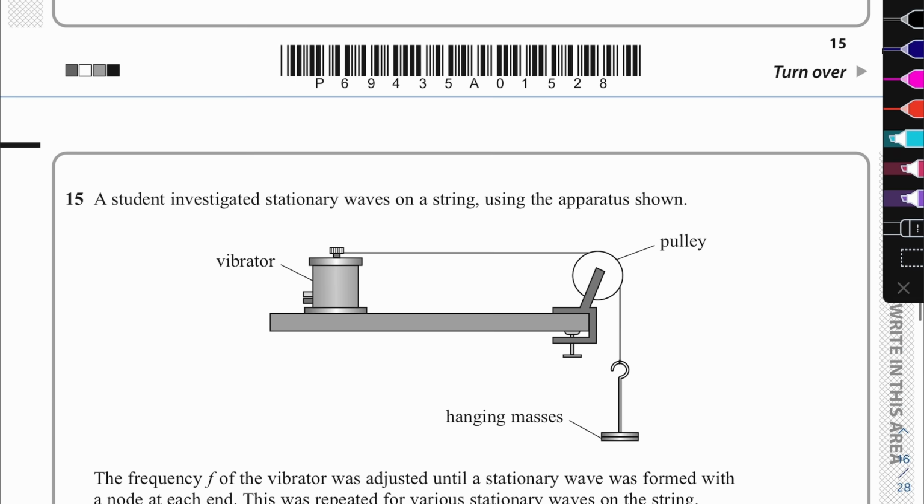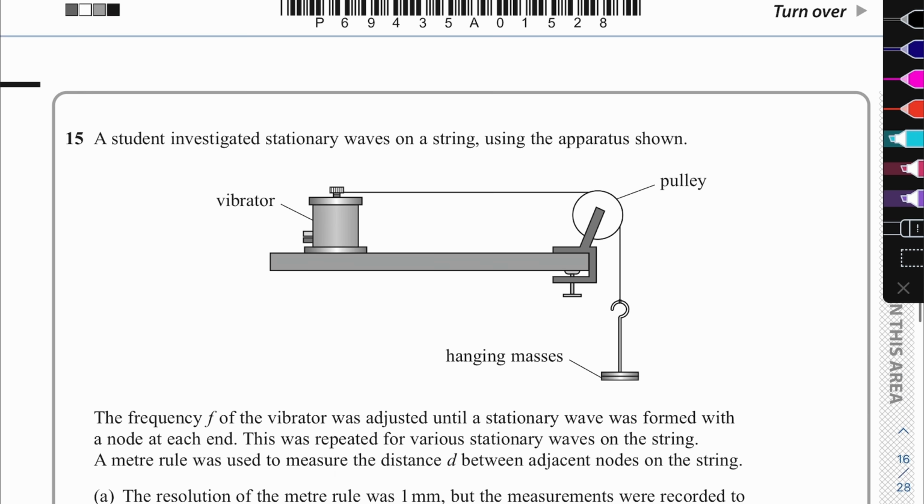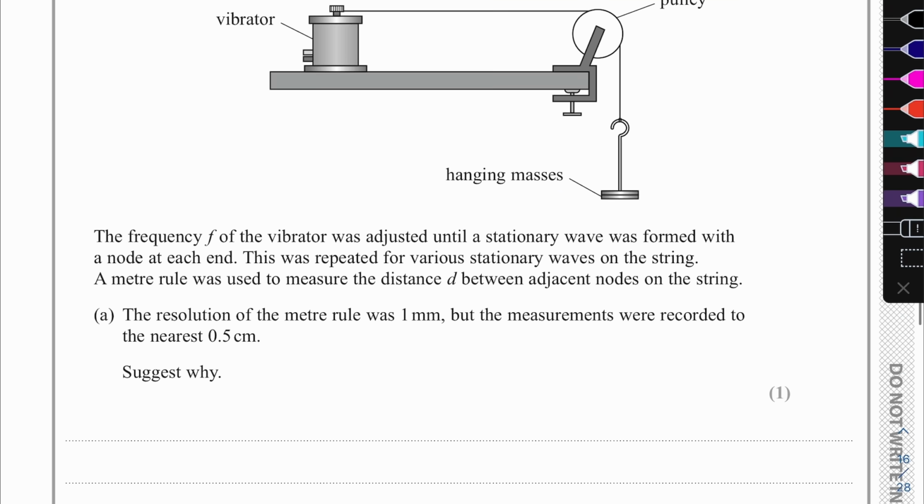All right. Now we have question number 15. A student investigated stationary waves on a string using the apparatus shown. We have a vibrator, a pulley, and hanging masses. The frequency f of the vibrator was adjusted until a stationary wave was formed with a node at each end.